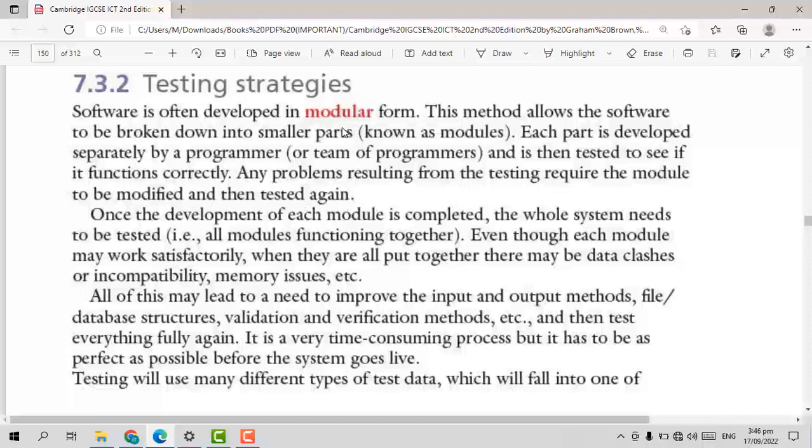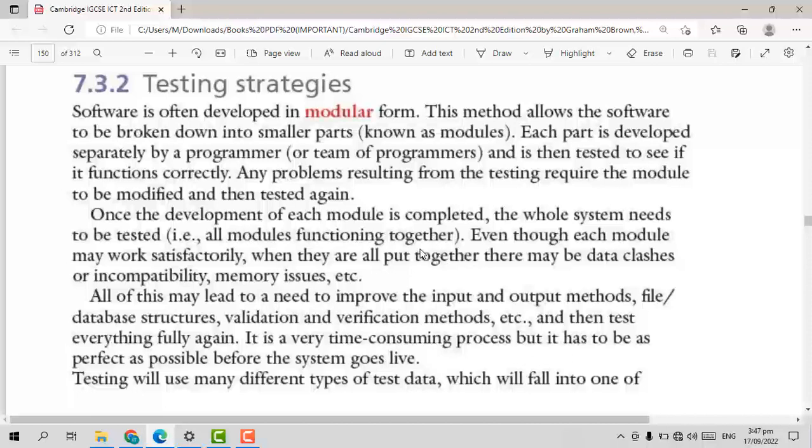Now, the thing about modules is that if you have a problem in one module, you don't have to edit the entire software. You only have to edit and rectify that module. Once the development of each module is complete, the whole system needs to be tested. You combine all the modules together to get the app. Now you want to test the entire software as one, all modules functioning together.